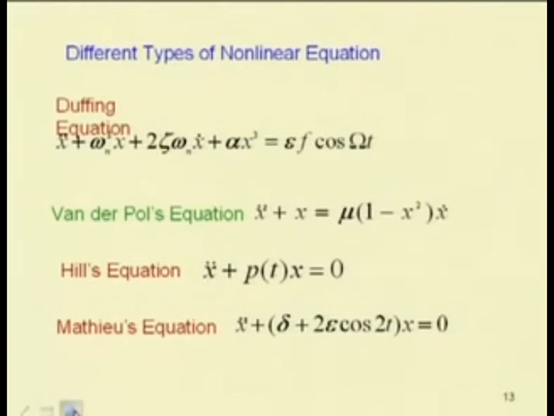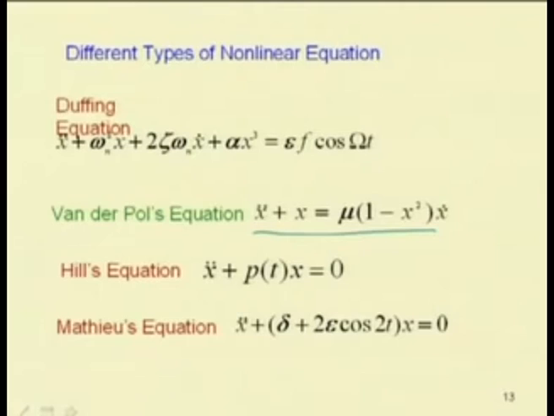Another form of equation one can find in general systems is the van der Pol equation. In this case one can have x double dot plus x equal to mu x dot minus mu x dot into x square.